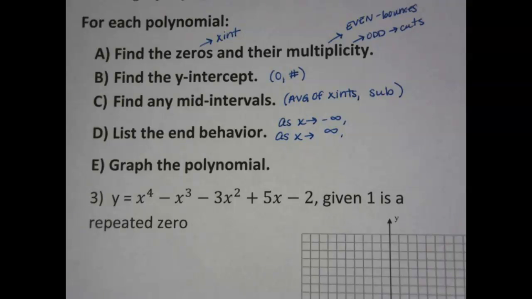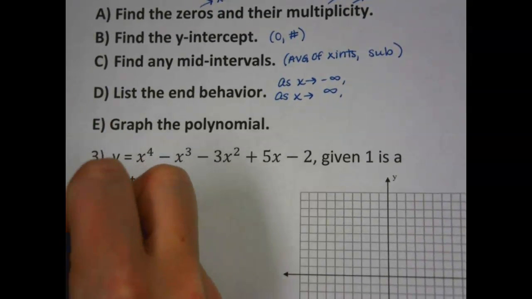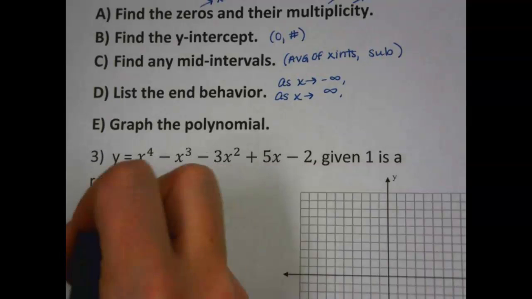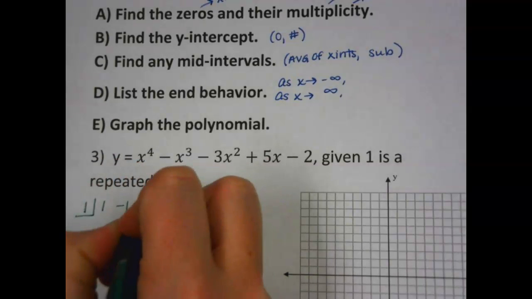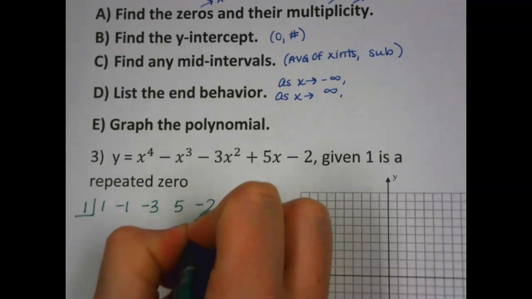They gave you 1 as a 0, so you can do your synthetic division. Put 1 in and see what you get. Come back and check it out. So we're going to put 1 in, and then the coefficients across the top: 1, -1, -3, 5, and -2.